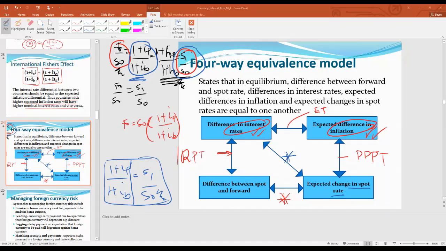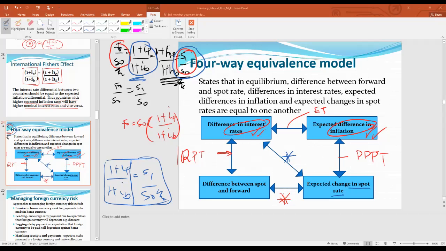Most of the time, students don't get it, even in the main exam. So I suppose you're going to go through it again for your own sake and understand the theory quite well. It is the theory that attempts to explain the difference between the exchange rates of the home and the foreign currency.